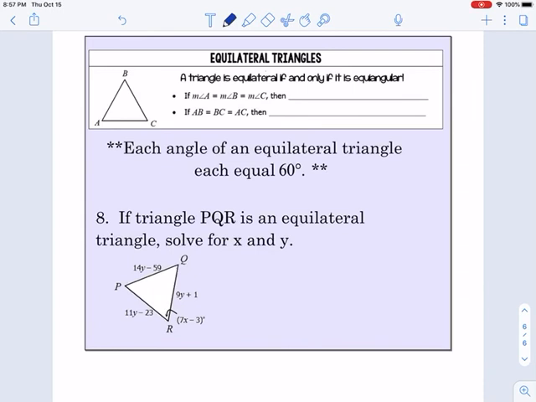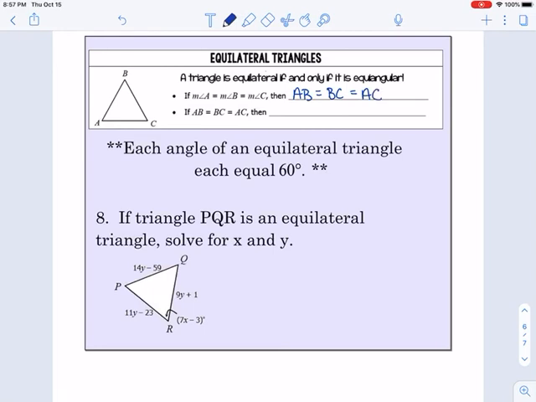Okay, and then for our equilateral triangles, I had said this earlier in the video, if a triangle is equilateral, it's also equiangular. So if I know that angle A is congruent to angle B, which is congruent to angle C, then I can also tell you that AB is going to equal BC, which is going to equal AC.